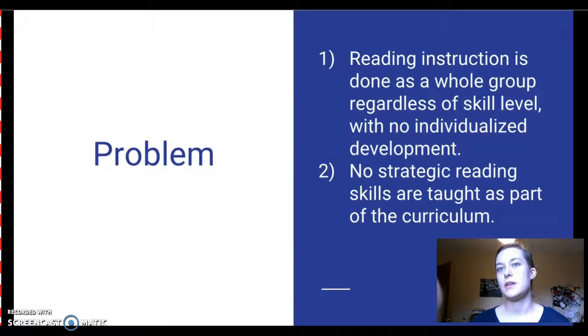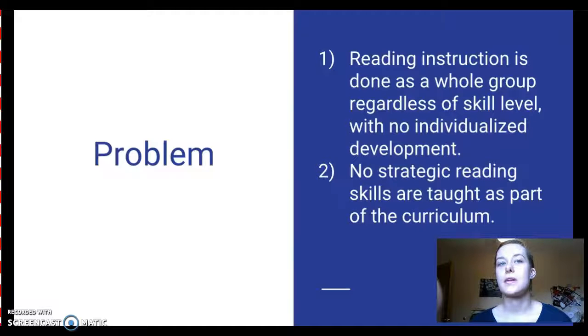So the students aren't getting individualized development, which is a problem, because when you have students of all different levels and you teach them all the same thing in the same way, the lower levels are going to be left behind, and the higher levels are going to be bored because they already know that. So you have a lot of kids that are just not getting what they need.